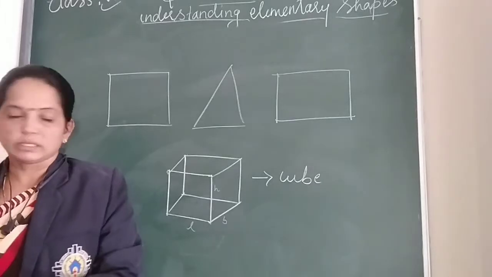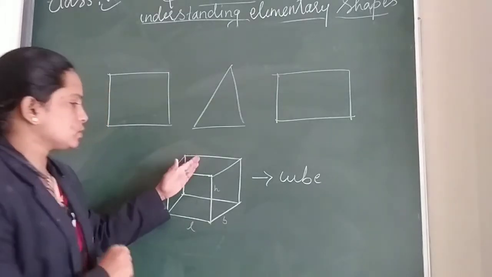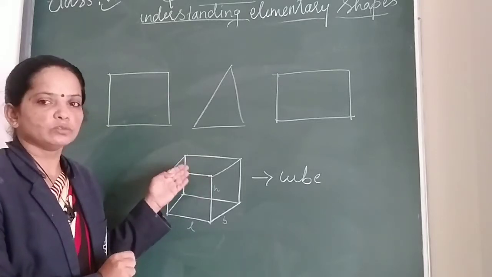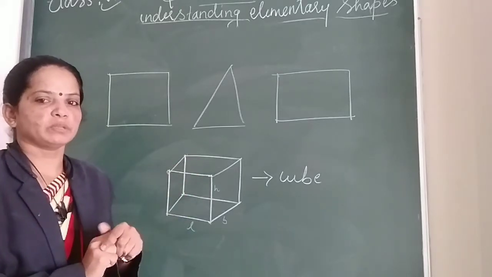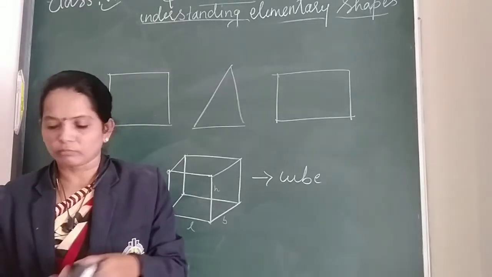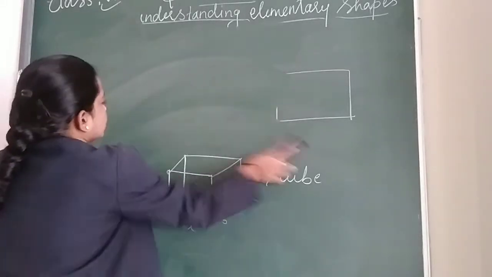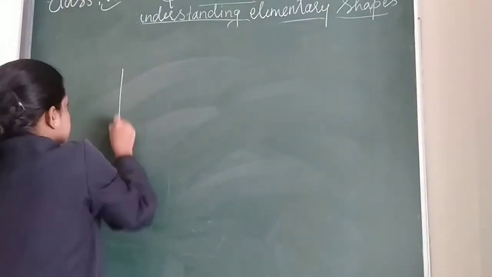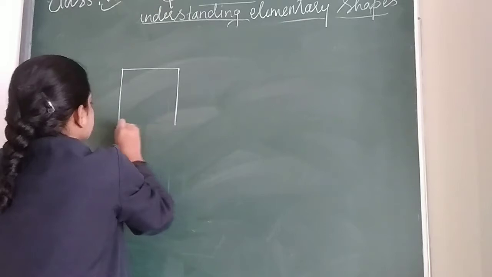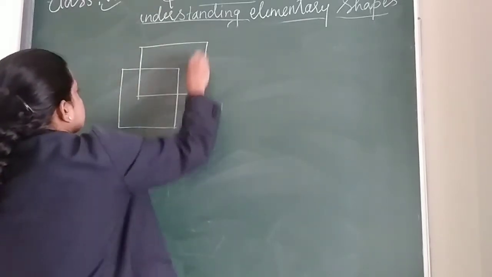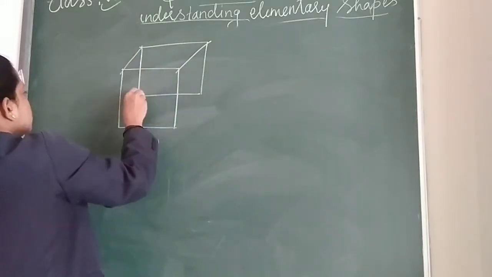In this solid figure, we also have the terms face, edge and vertices. So how to name the face, edge and vertices? If you take the cube or cuboid, if the face is in a square shape, it is called a cube.